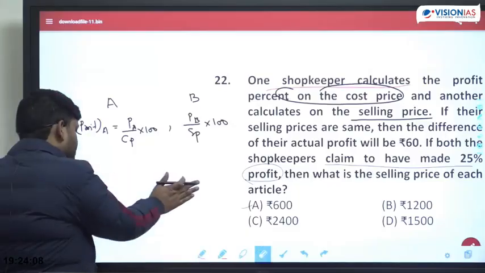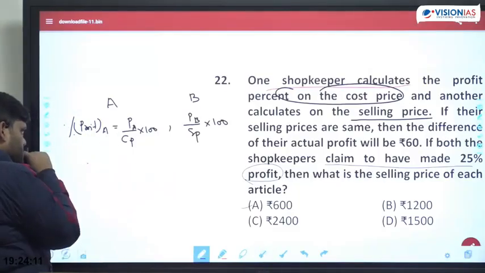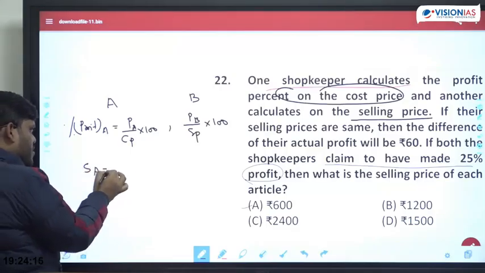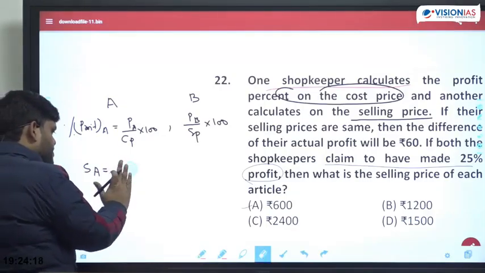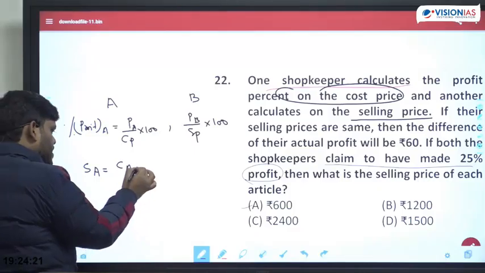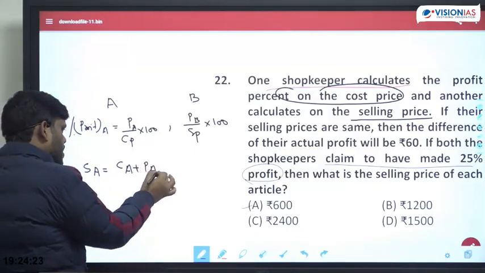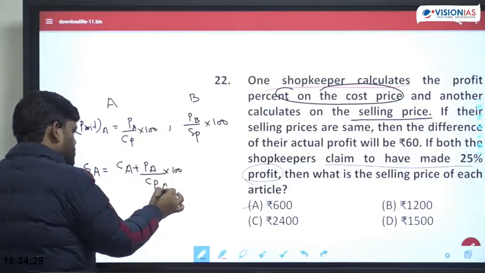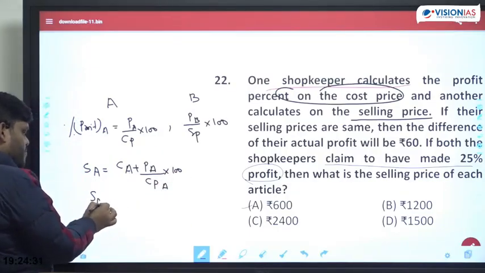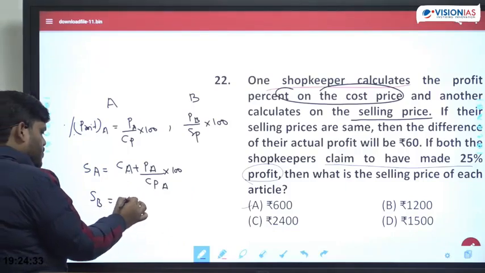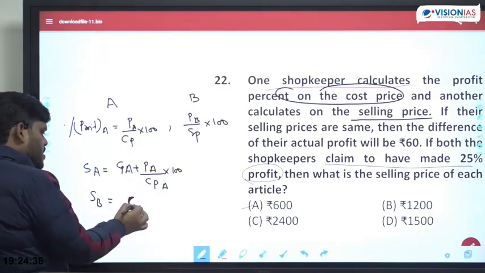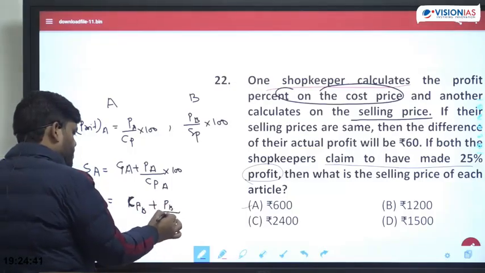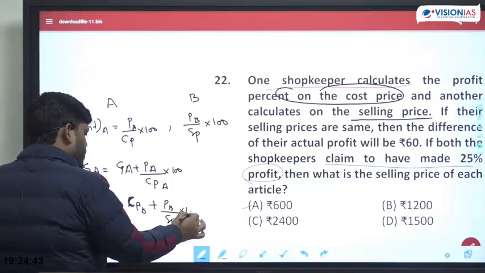So what is the selling price of A? Selling price of A is equal to cost price of A plus profit, and selling price of B is equal to cost price of B plus profit of B into SP. Actually, I'm trying to find out some connection.